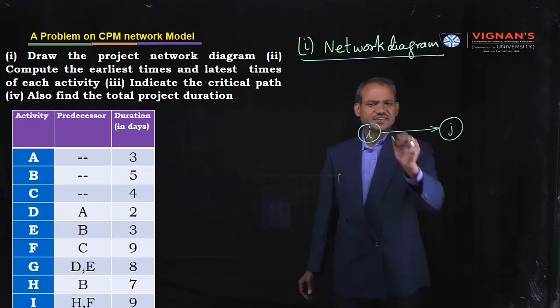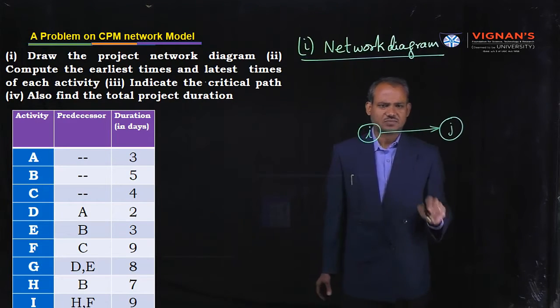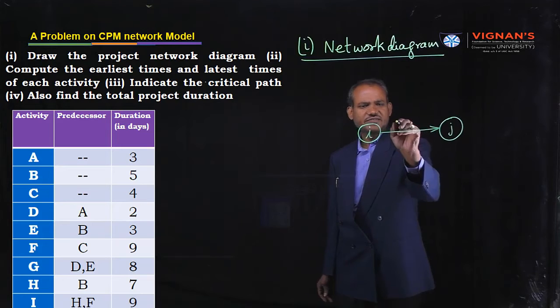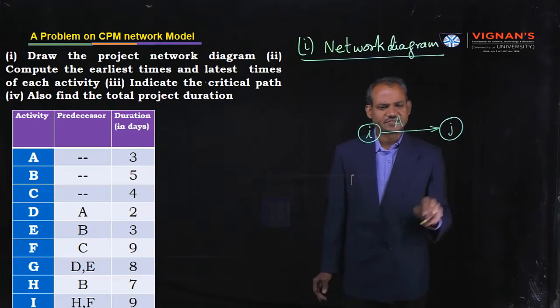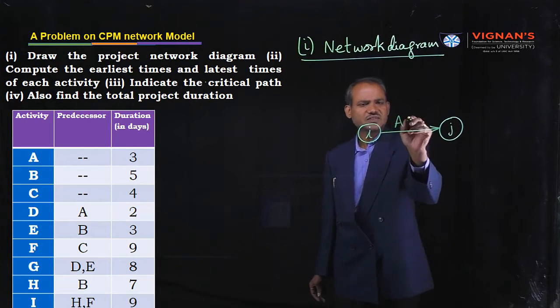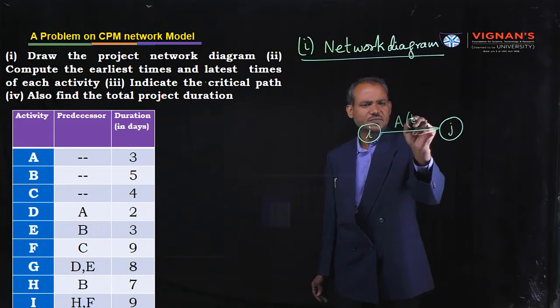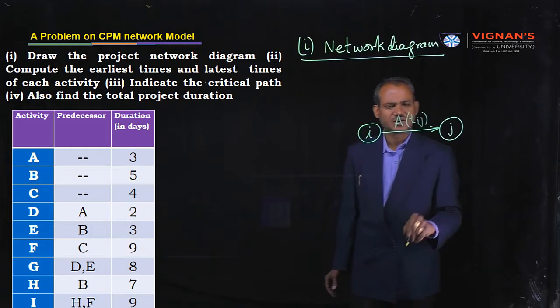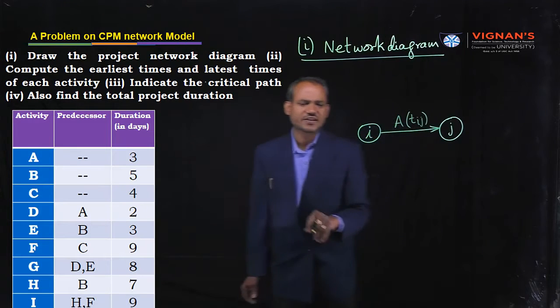Here activity is indicated with the arrow symbol. This activity, for example A, takes some time. How much time? Tij, where T means duration or time of each activity.